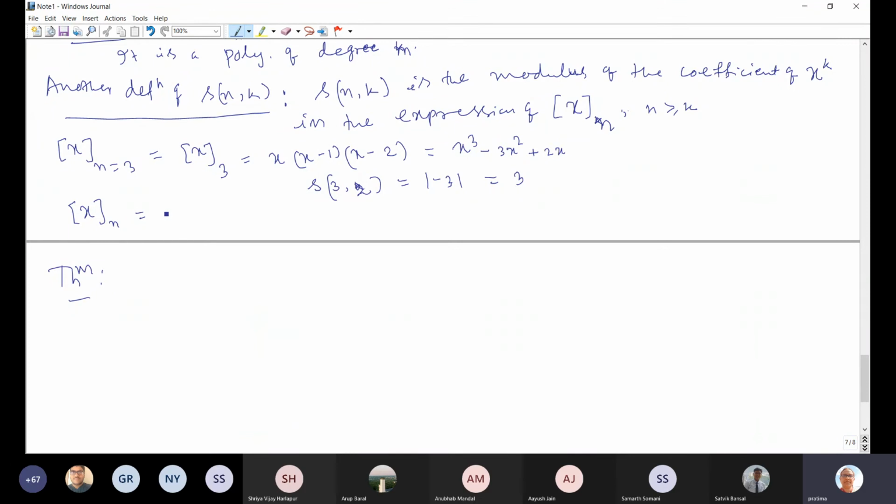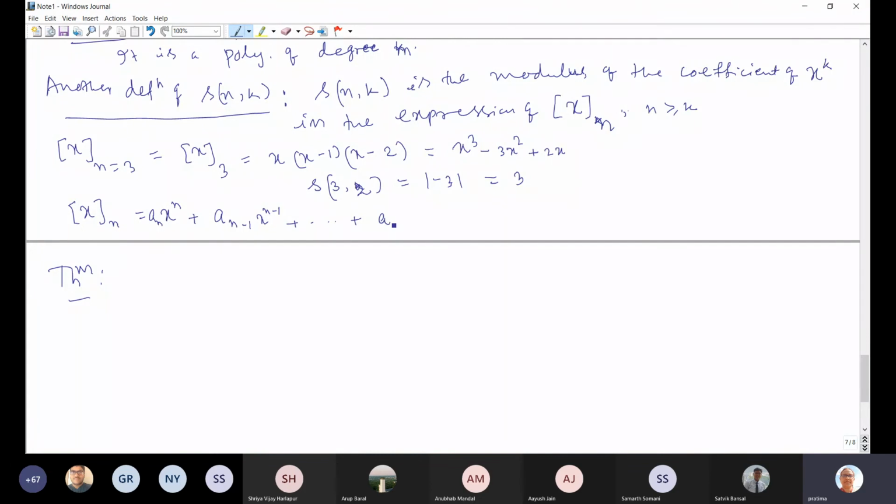So I will write this: x^(n) of course is equal to 1, x^n I would have written like this. Then a_(n-1) x^(n-1), so a polynomial of degree n.